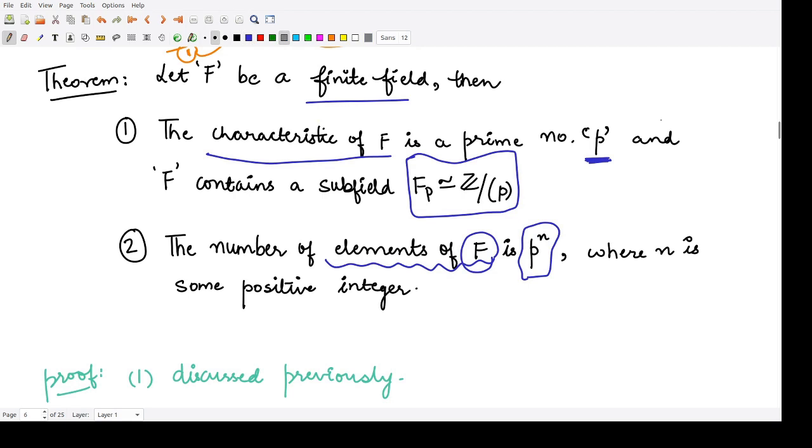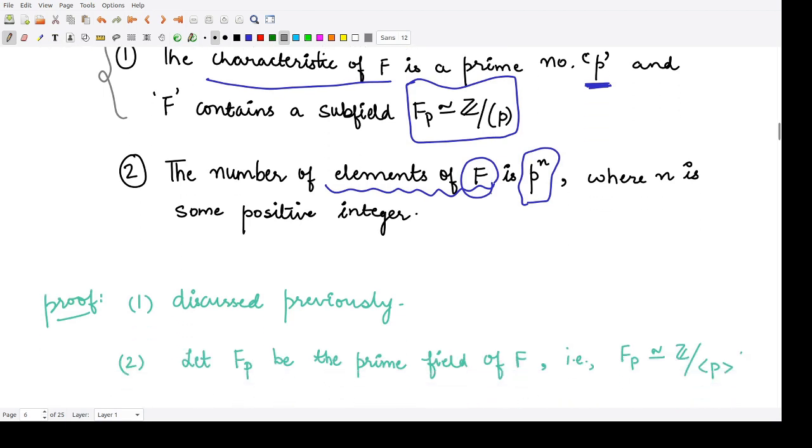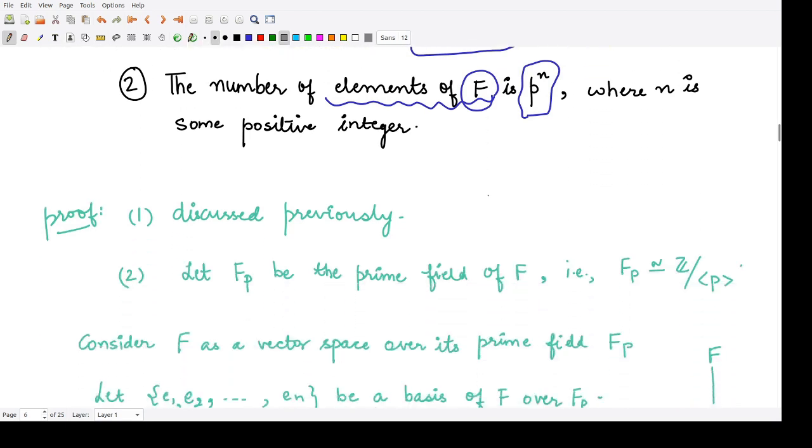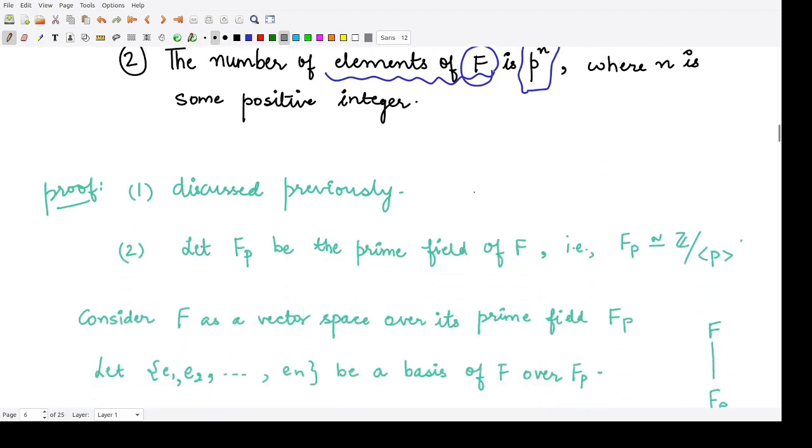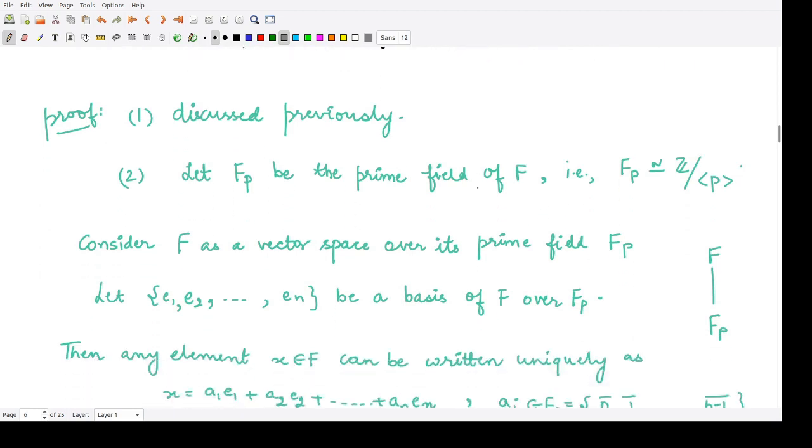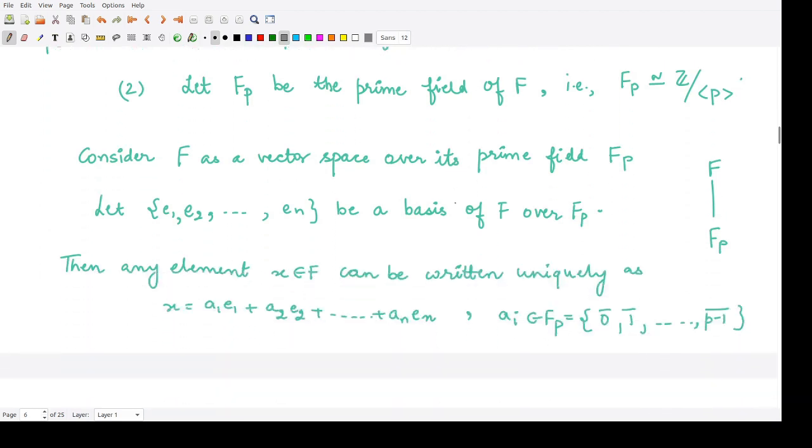For the first part, we have already proved that this field Fp would be isomorphic to the field of integers mod p. For the second part, where we have to show the number of elements of F is p to the power n, where n is some positive integer, let us see how we can prove this.